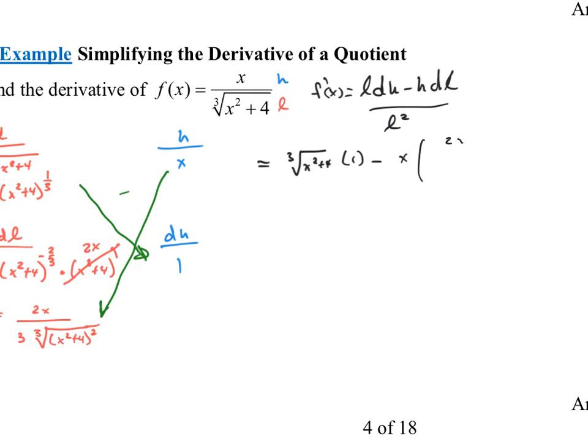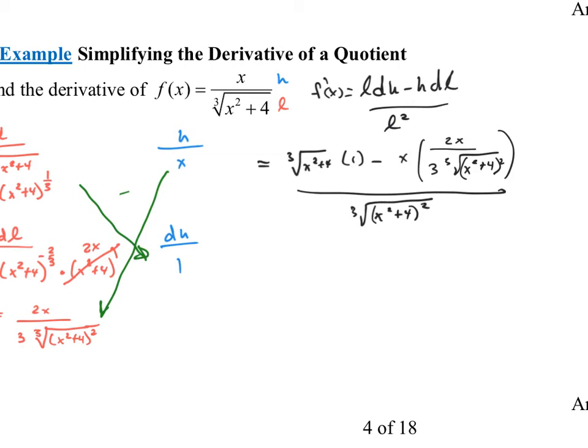That's 2x all over 3 times the cube root of x squared plus 4 quantity squared. And then we have all of that over the bottom squared, which is the cube root of x squared plus 4, that squared. It doesn't matter if we put the square on the outside like this, or if we put the square on the inside like it is above. I'm just going to make it look the same as it is above.